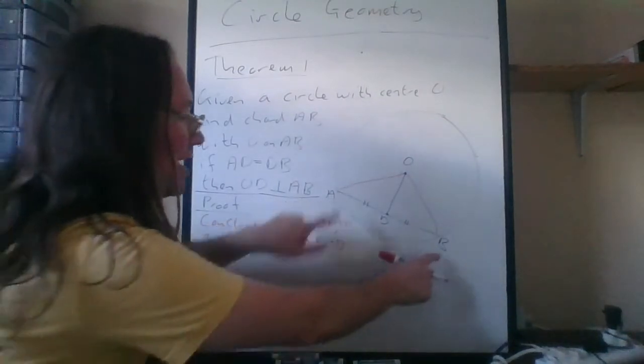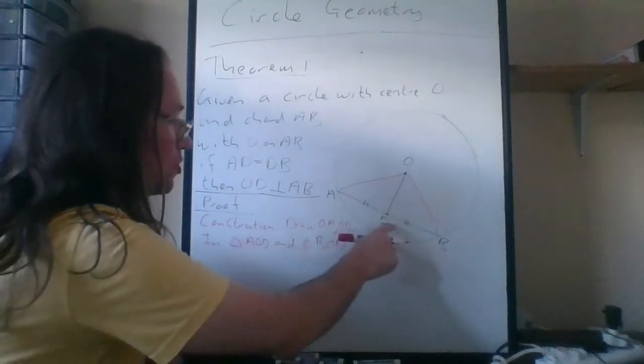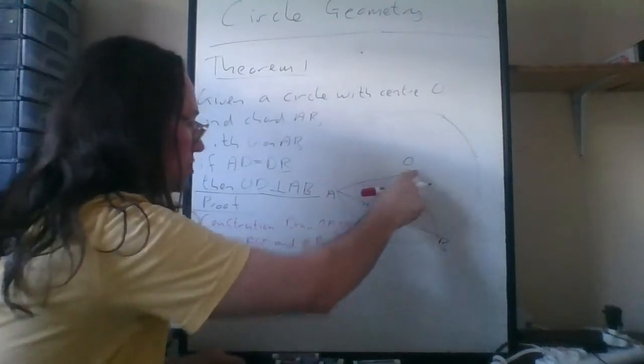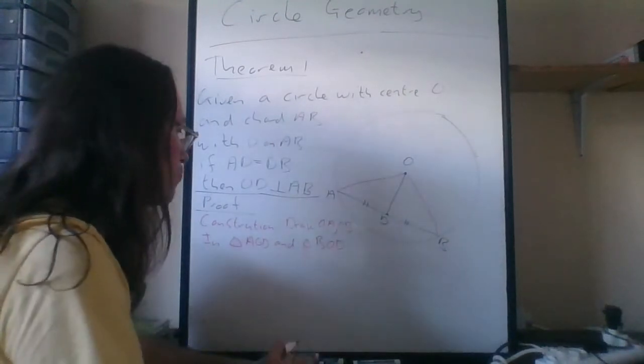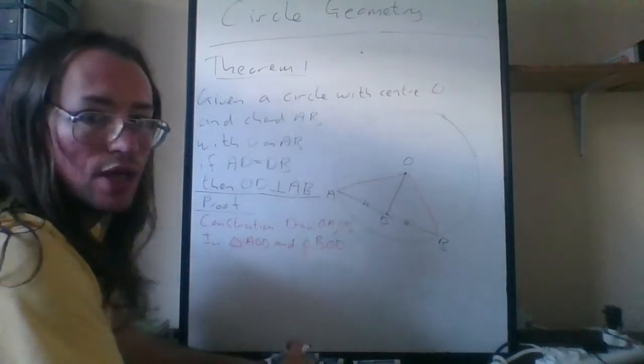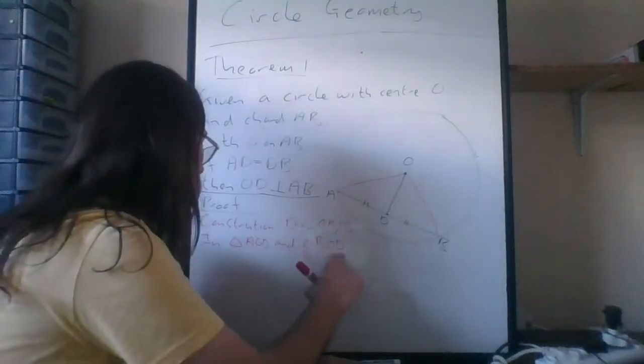So angle A corresponds to angle B, angle D corresponds to itself, and angle O corresponds to itself. So please also keep the angles in the correct order. The order of these angles is very important when you list them.